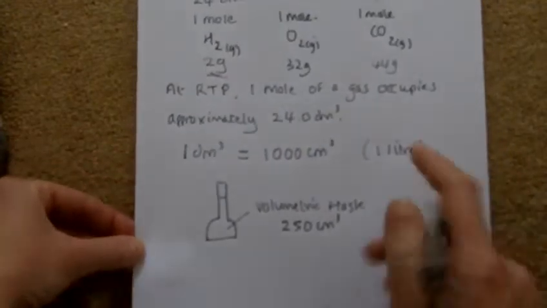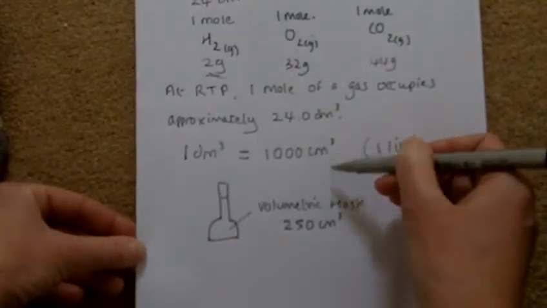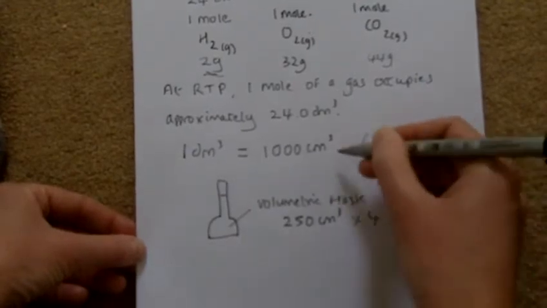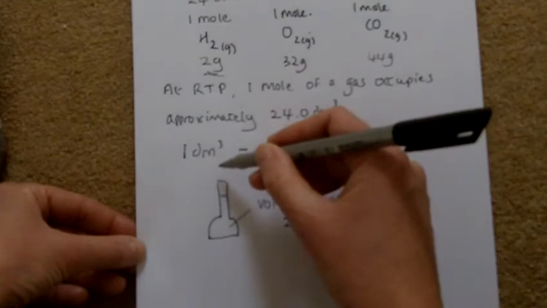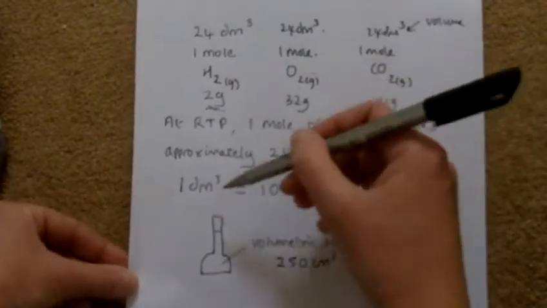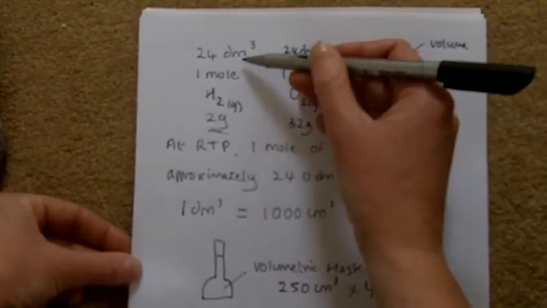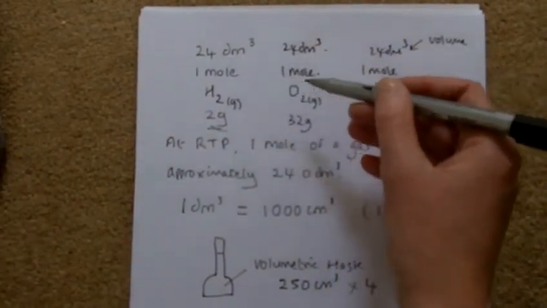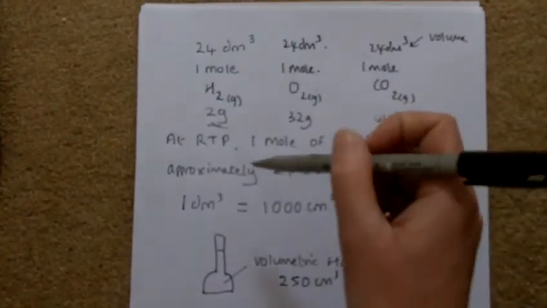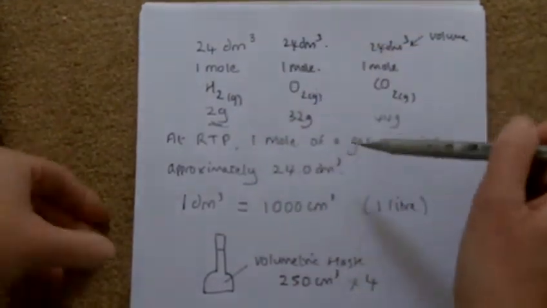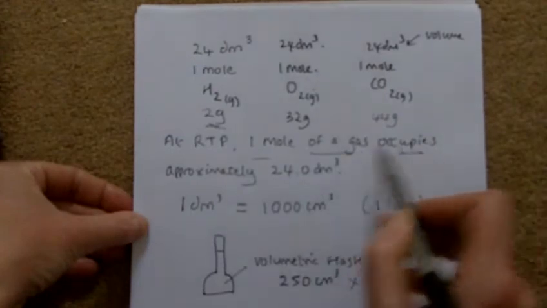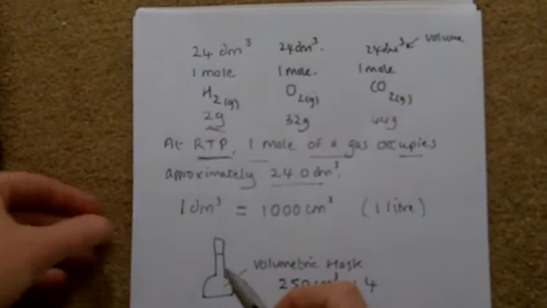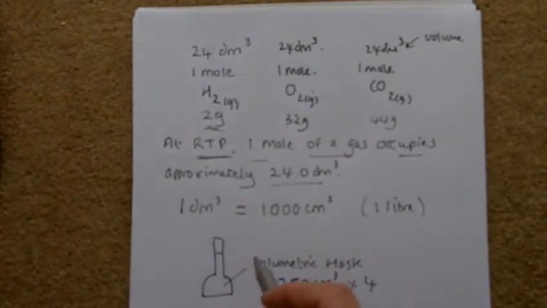So 1,000 centimeters cubed is like 4 volumetric flasks, and that is a decimeter cubed. If you take that decimeter cubed and times it by 24, you've now got 24 decimeters cubed. So it's Avogadro who came up with this relationship, that 1 mole of any gas occupies 24 decimeters cubed, but this is at room temperature and pressure, okay, room temperature and pressure.